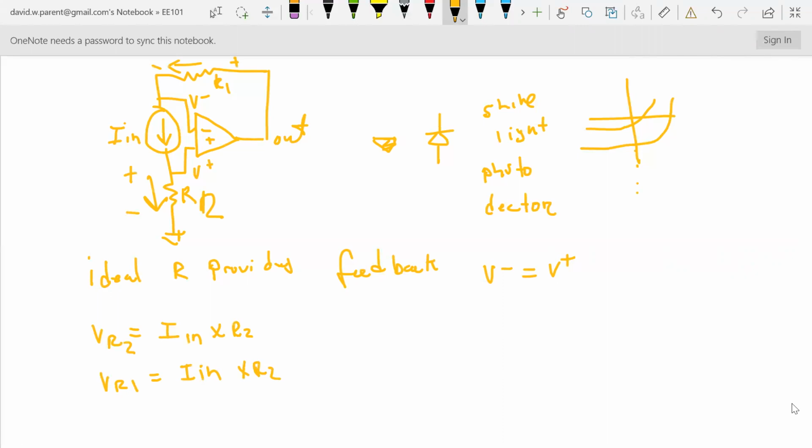And then you'd actually, it doesn't look like a mesh problem, does it? But look, I have VR2 plus minus. I'm just going to, it's a weird name, but I'm going to call it VIN plus minus. And then I have another voltage plus VR1, right? And all of that sums to V out, right?